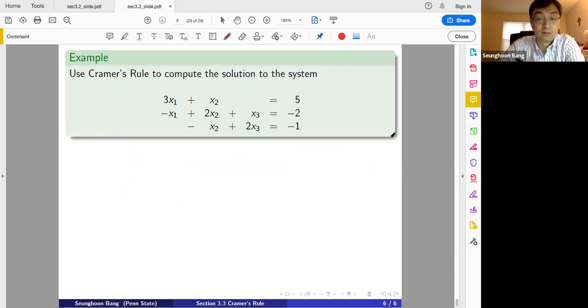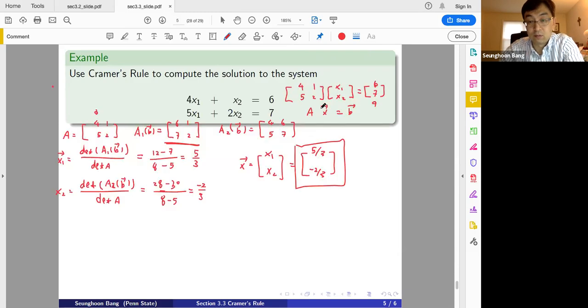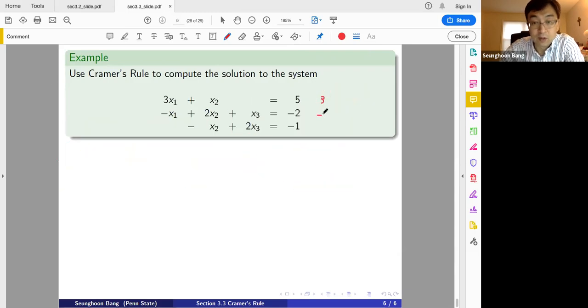The next one is similar. You can change this one to the Ax = B form. A is the first one: 3, minus 1, 0 is the first column, the x1 part. The x2 part is 1, 2, negative 1. The x3 part is 0, 1, 2.